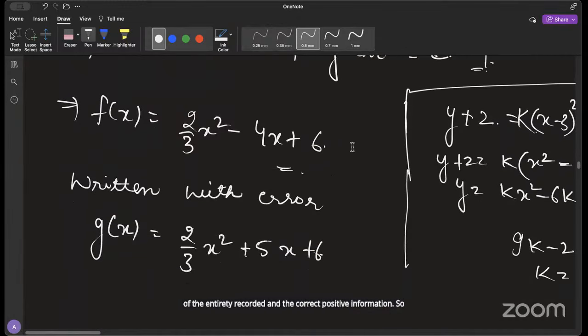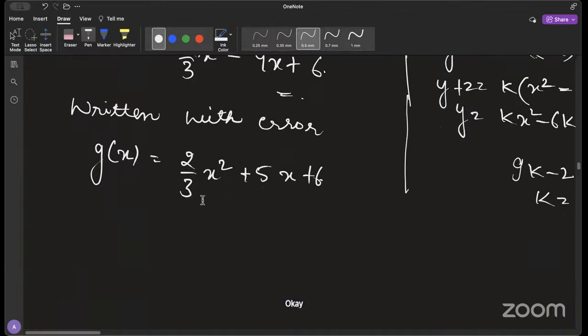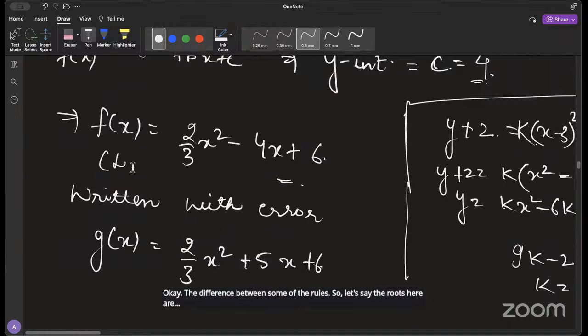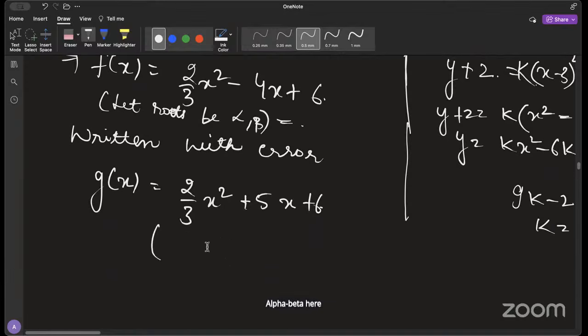So you have to find the difference between the sums of the roots. Let's say the roots here are alpha, beta, and let the roots be alpha 1 and beta 1 here.